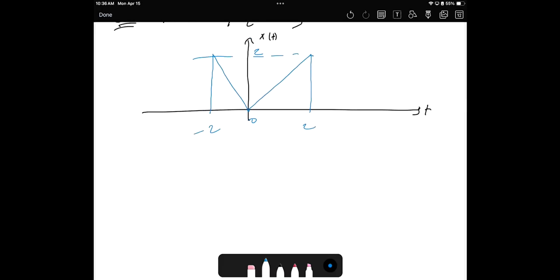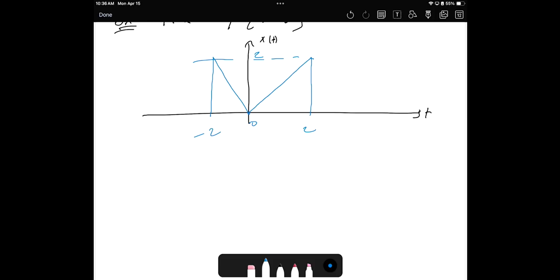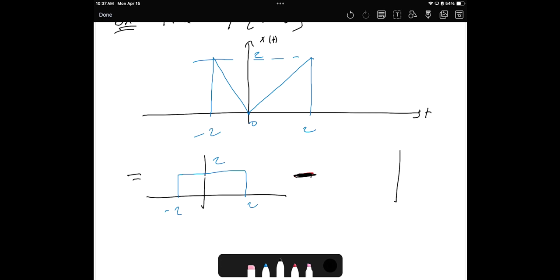How? Okay, so I can say this function can be split into two things. It can be split as a rect function, from negative 2 to 2, subtract a tri function, like this one.